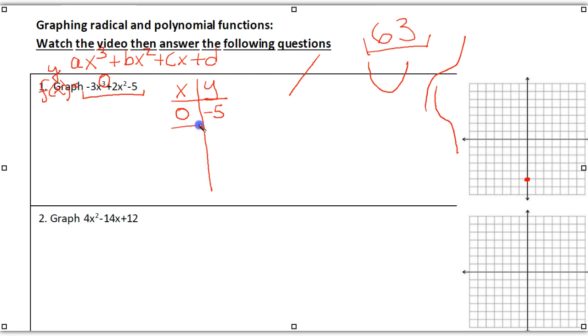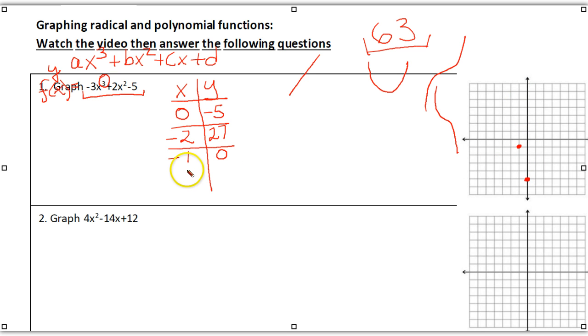Now I made some other points here. For instance, if it were a -2, this would be a 27, so it's -2 is way up over here. And if it were a -1, this would be a 0. So -1, 0, it's going to go right there. And then 2 goes way up there.